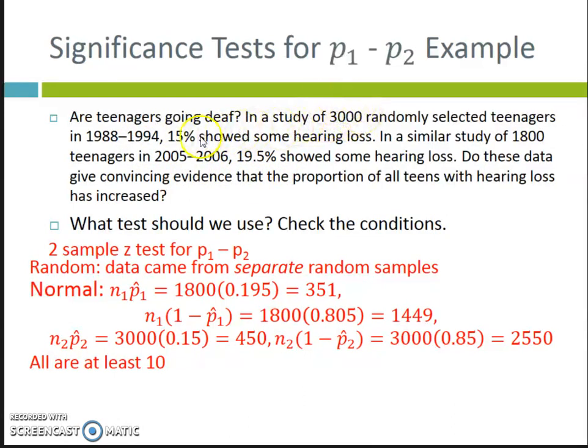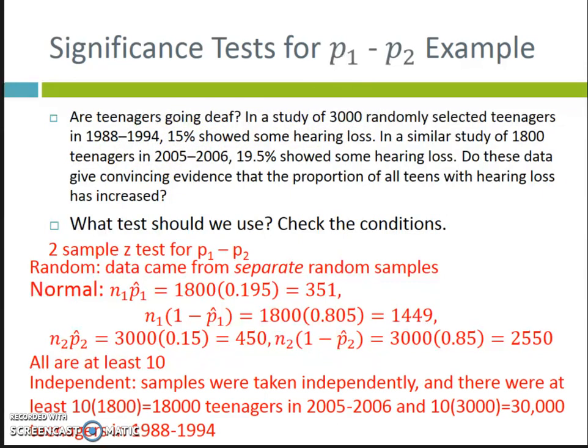N was 3000 there. P-hat was 15%. All of those were at least 10, so we're good to go with normal. Lastly, for independent, my samples were taken independently, and there were at least 18,000 teenagers in the year 2005-2006, and also at least 30,000 teenagers in 88 to 94. So my conditions have all been met here.